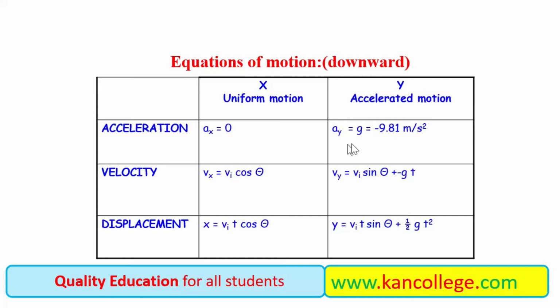But there is an acceleration or velocity change along the y-axis, during the vertical movement. It means that there is a change in the vertical component of velocity, and that is equal to minus 9.81. During the downward motion, this acceleration is positive. Acceleration is increasing.